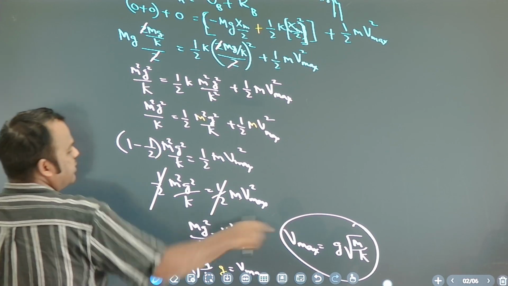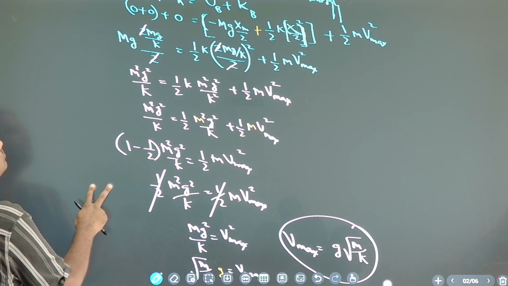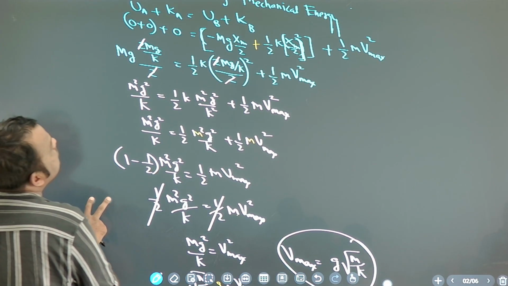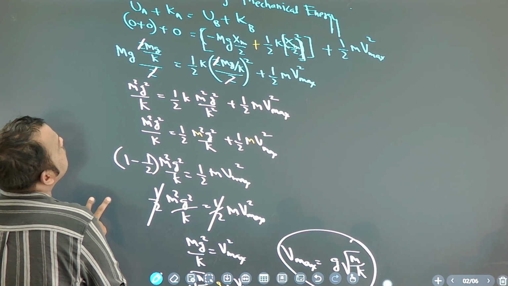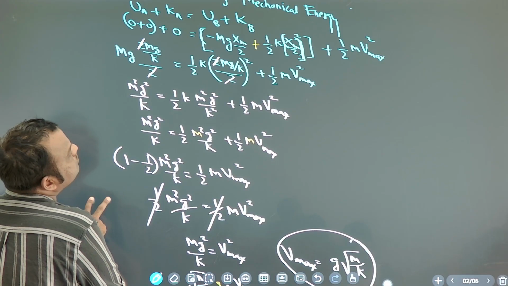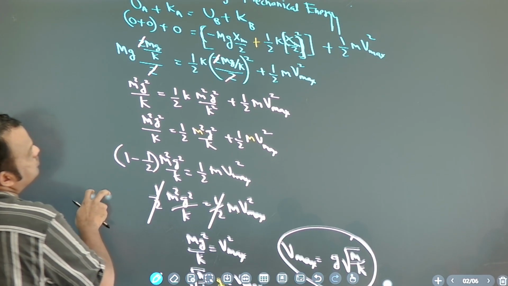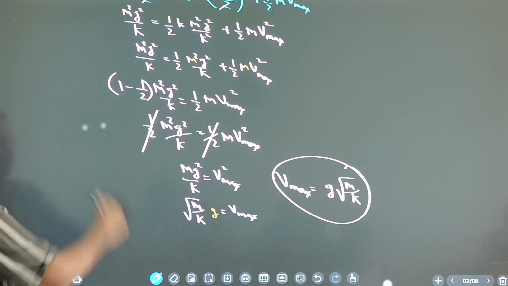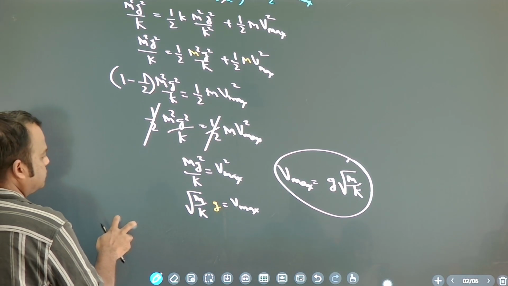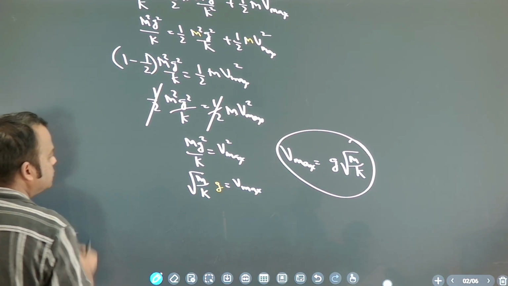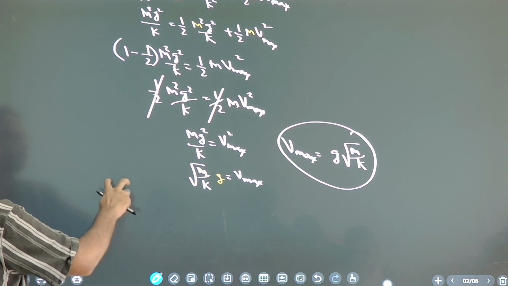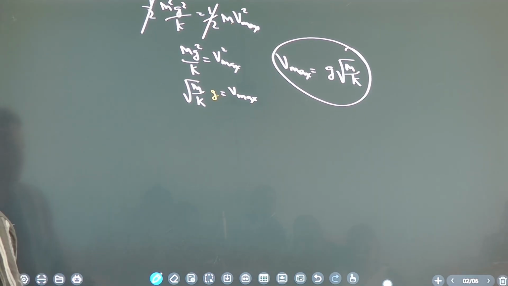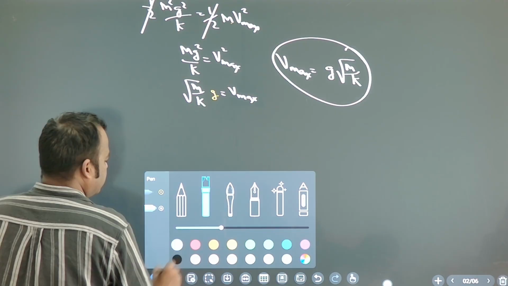Note down, this is the maximum speed, g square root m by k. Maximum speed we got.